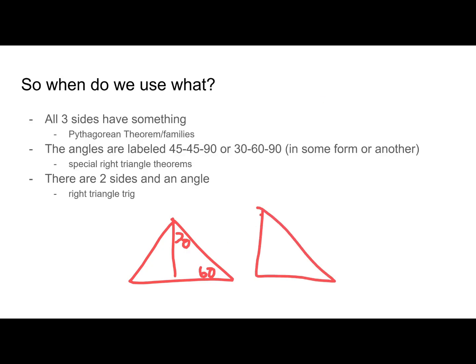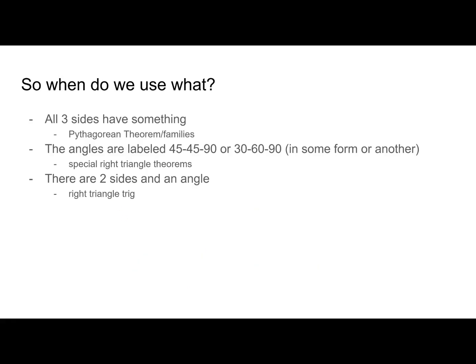Or if you have a square, this would be 45. Anyway, I'm kind of just rambling. All of that to say, anytime you see those angles or something that would allude to those angles, you can use the special right triangle theorems. And then if there's two sides and an angle, pretty simple, then you do right triangle trig.